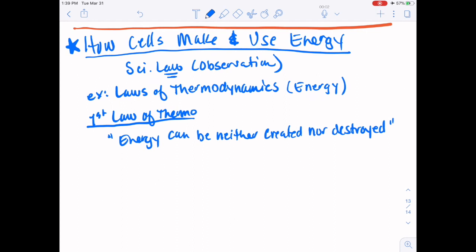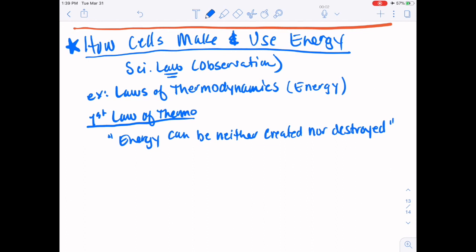Which sounds really, really fancy. So I want to give us a more workable translation or a more workable application of what the first law of thermodynamics means to the cell, or means to how cells make energy.